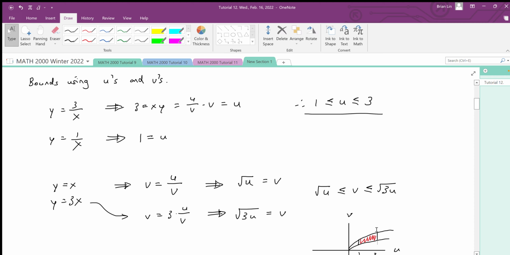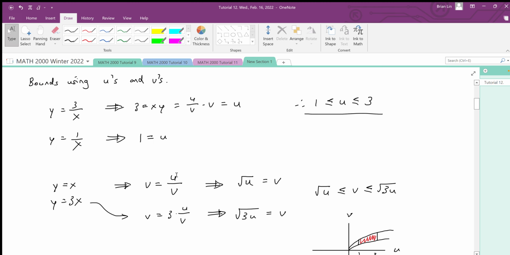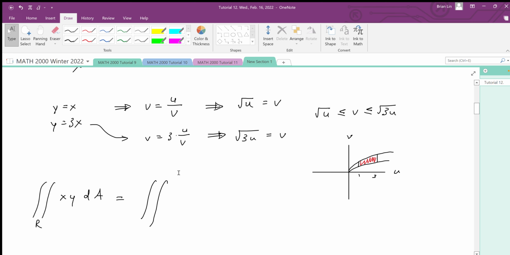Okay. Now we're ready to take the integral. So the double integral of xy dA over the region R. So x times y, what was that? X times y was just u, but the Jacobian was 1 over v.